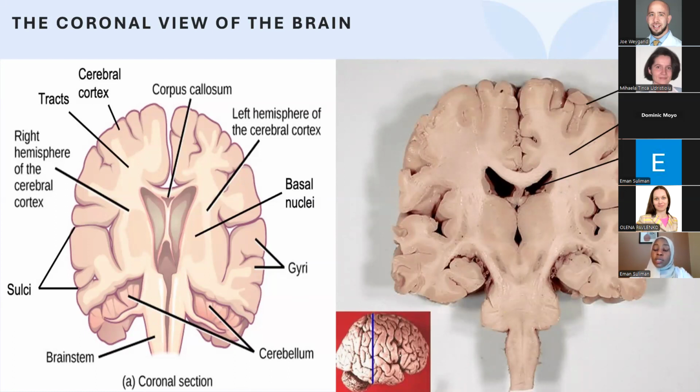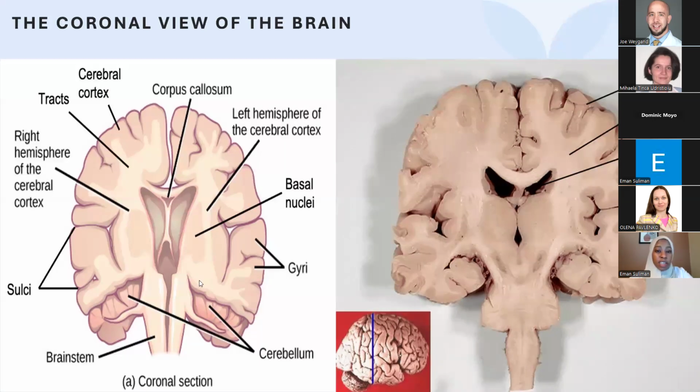The gray matter is formed of the bodies of the neurons, and the white matter is formed of the axons. Neurons are the cells that form the central and peripheral nervous system. And the ventricles are where the cerebrospinal fluid is formed, and it circulates in the brain and the spinal cord through a specific pathway.